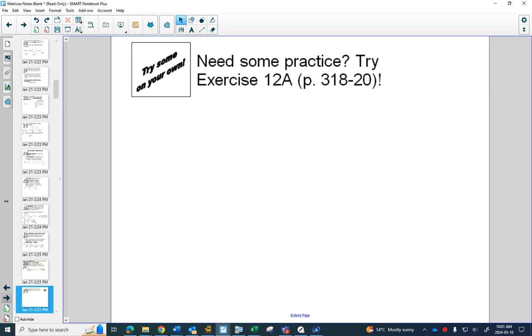Answers are provided, thank goodness. They have a couple on here, and I guess 7 and 8 might cause you to think a little bit.